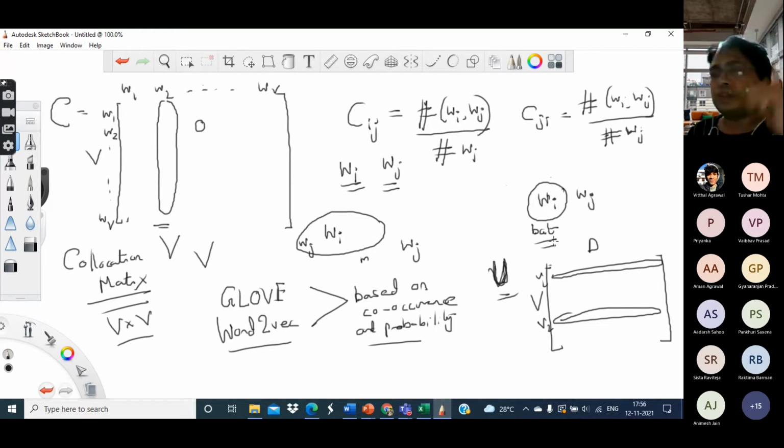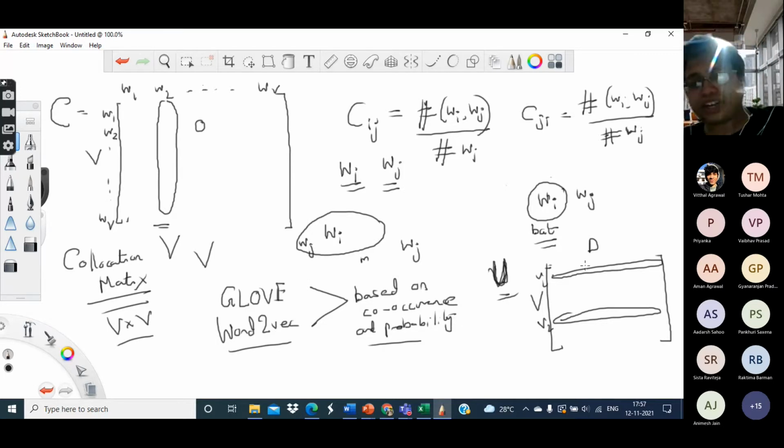So based on this concept of context, we are able to represent each of the words by some d-dimensional vector. In the earlier case I got a V-dimensional vector which is very high.